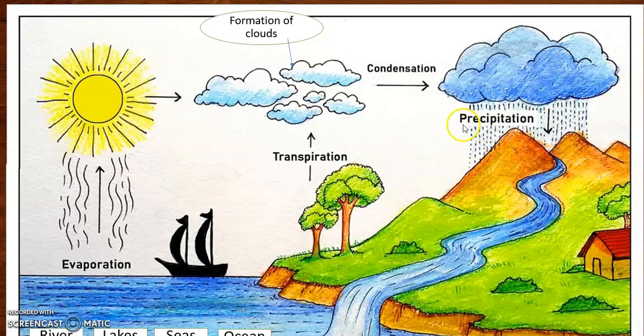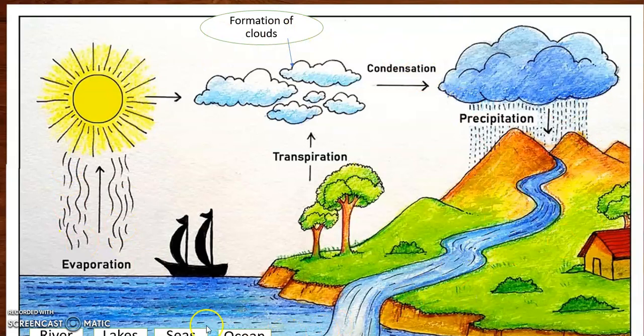And this process is precipitation. Then it evaporates again. Evaporation, number 1. Then condensation, number 2. And number 3, precipitation. So back again. That is the water cycle.